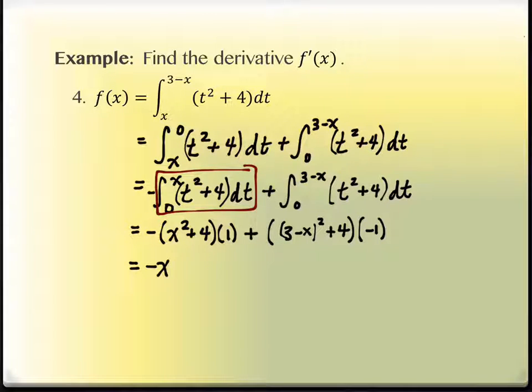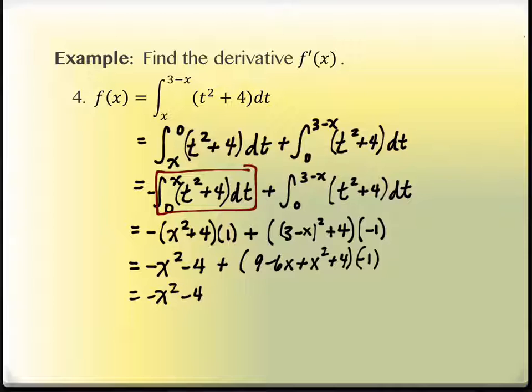So this is negative x squared minus 4 plus, over here I have 9 minus 6x plus x squared plus 4. All of that will be distributing through with a negative 1. So I have minus 9 plus 6x minus x squared and minus 4. And let's collect some like terms.